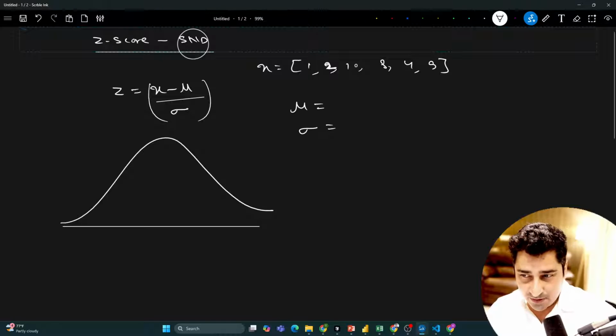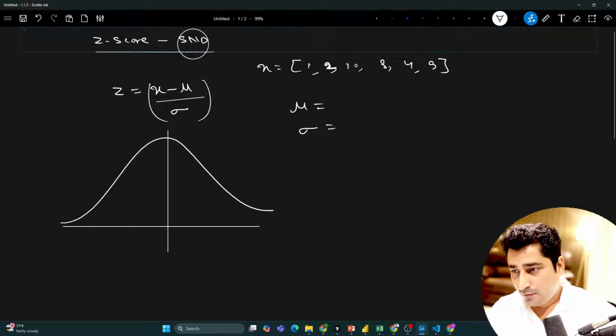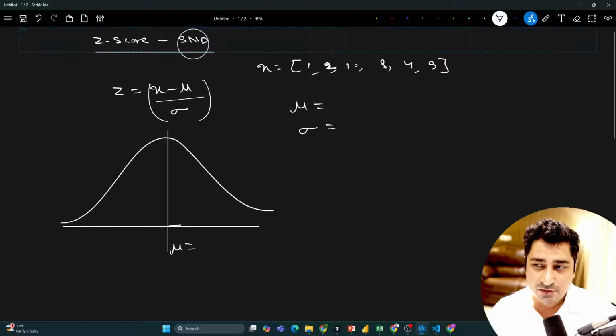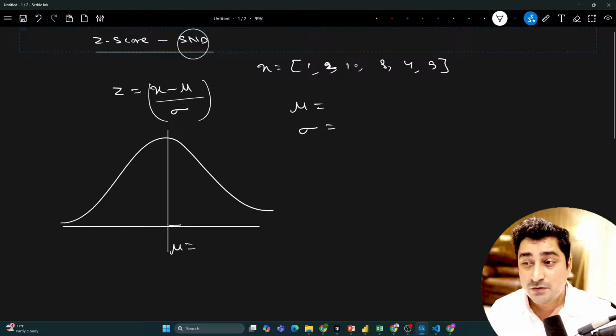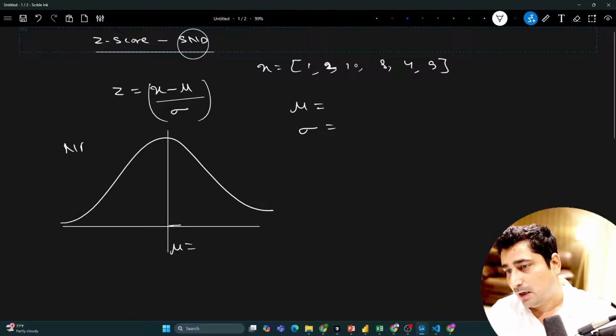The midpoint is represented by mu, and then there will be one standard deviation, two standard deviations, three standard deviations. Within that, all the data is going to exist. This is what we have seen with respect to a normal distribution.